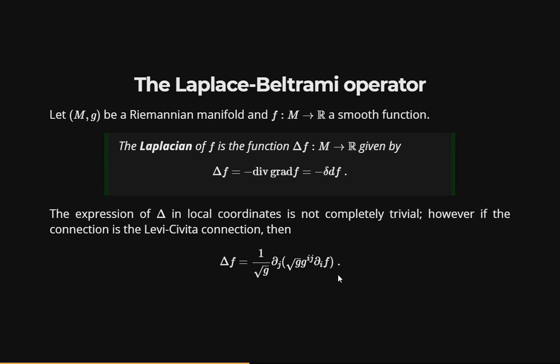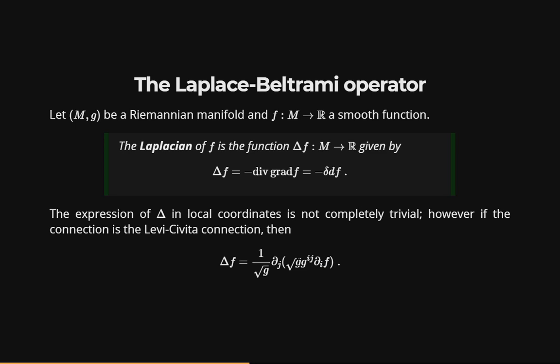So this part here is the gradient of f, so it is taking the differential of f, which has coordinates partial_i f, and raising the index with the inverse metric. Again, if the metric is the identity, the inverse metric is the identity, so everything is 1.